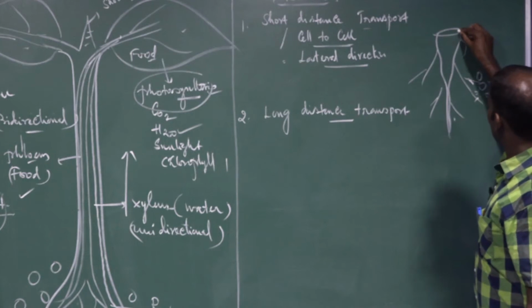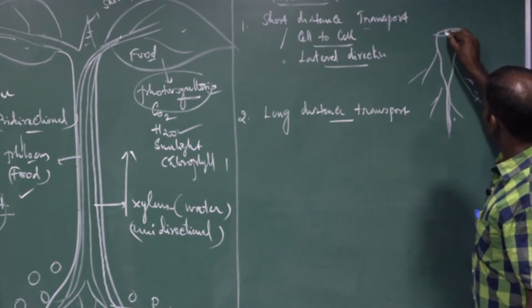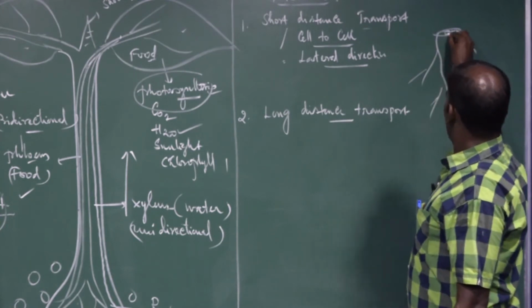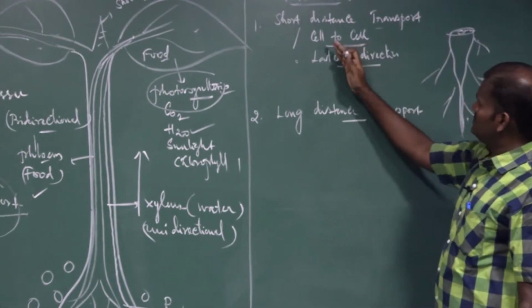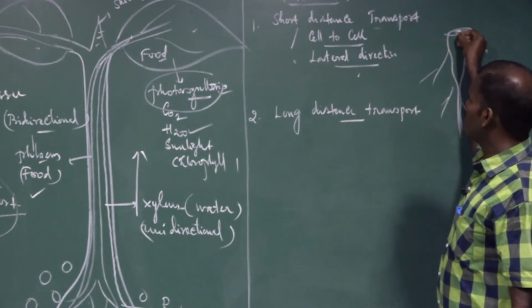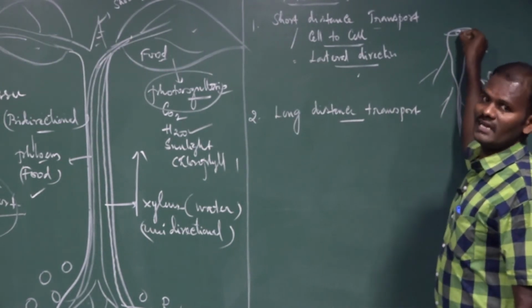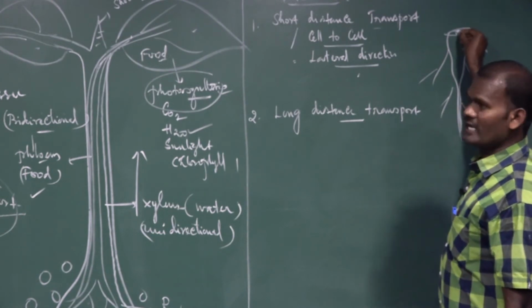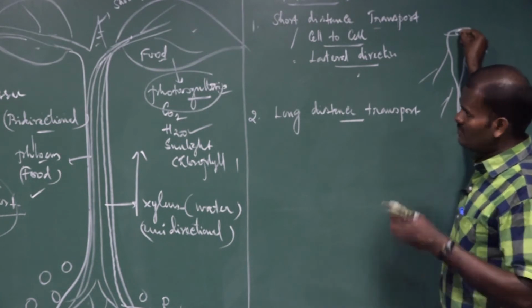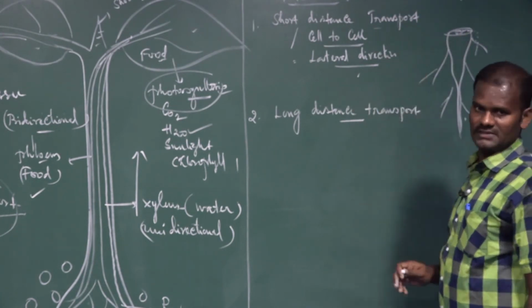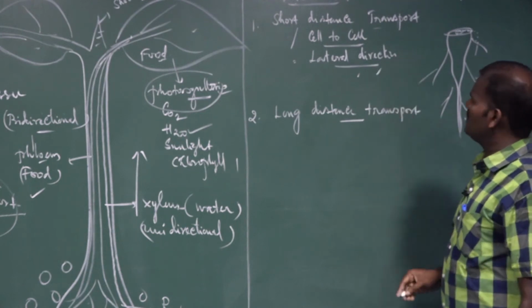It gets translocated and connected to the xylem, the center part, which is called the xylem. So this is cell to cell or short distance transport. It covers only a limited area, linking the root hairs to the xylem. If the water enters the xylem, it gets translocated in the upward direction to the stem and the leaves. This is cell to cell.